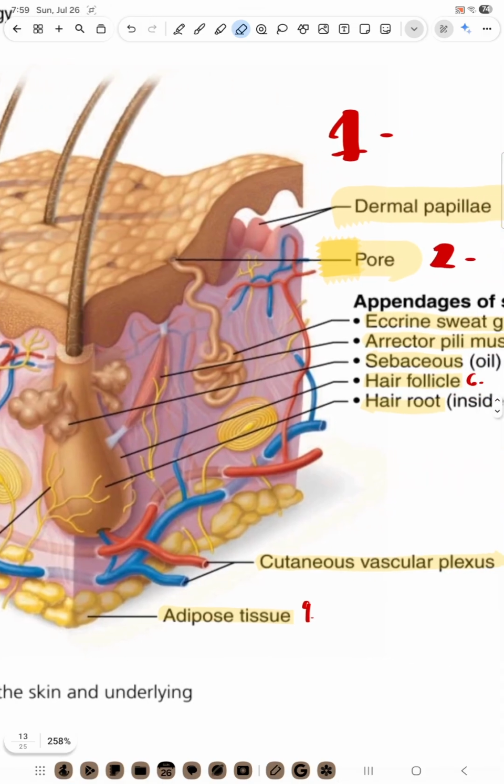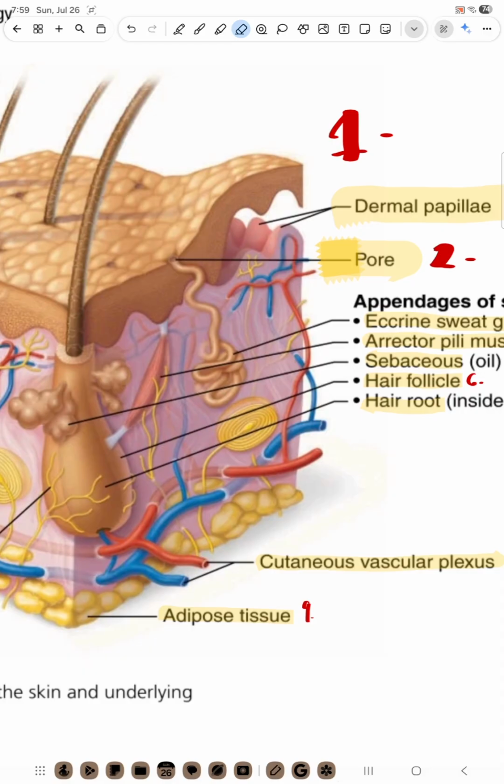Aning uneven ridges, which is here, mao na siya ang mga fingerprint. Dermal papillae na siya.